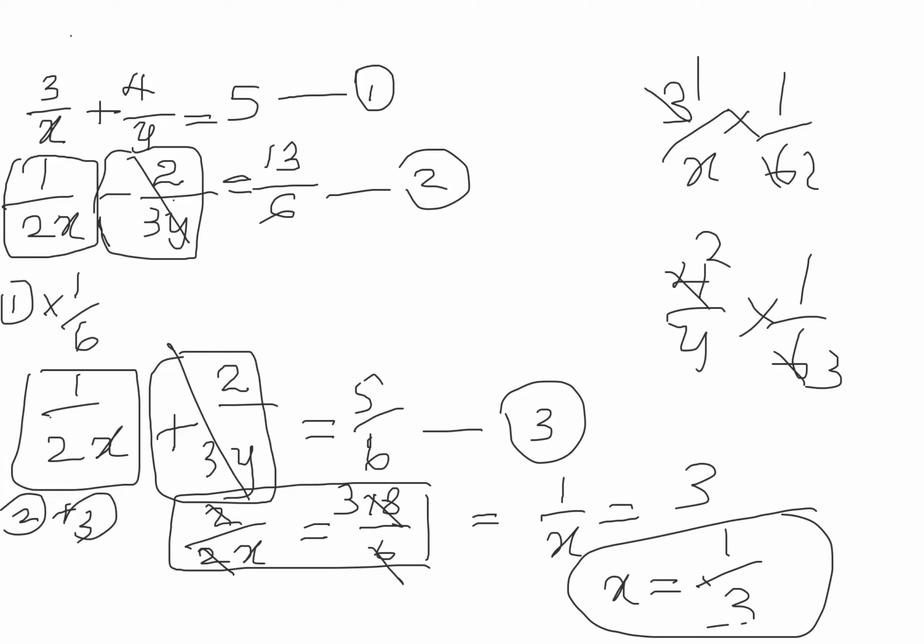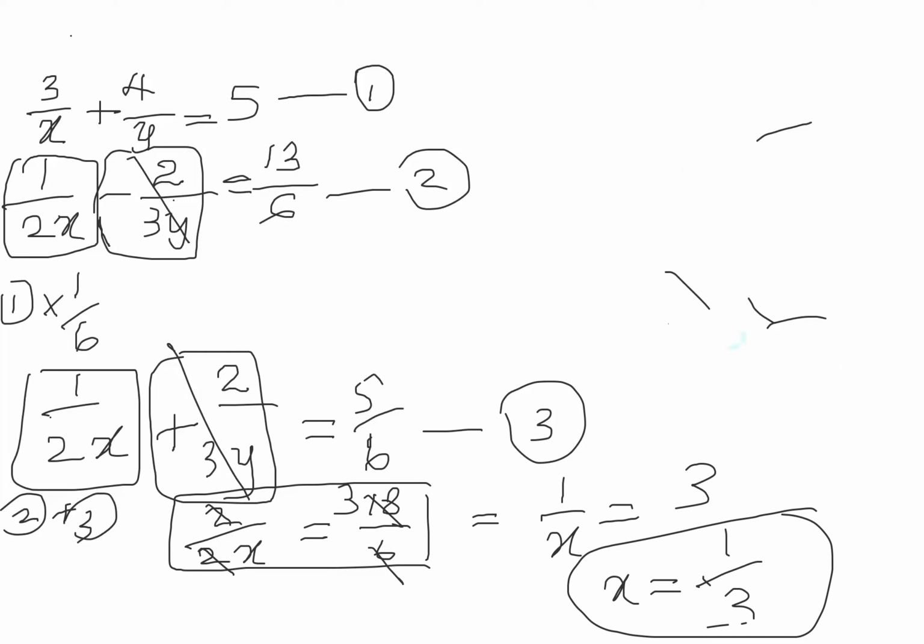So then, substituting this value in either equation 1 or 2, you can get the value for y. Okay, I'll do that part also. Yes, you can see now what is my first equation: 3/x plus 4y equals 5, right?